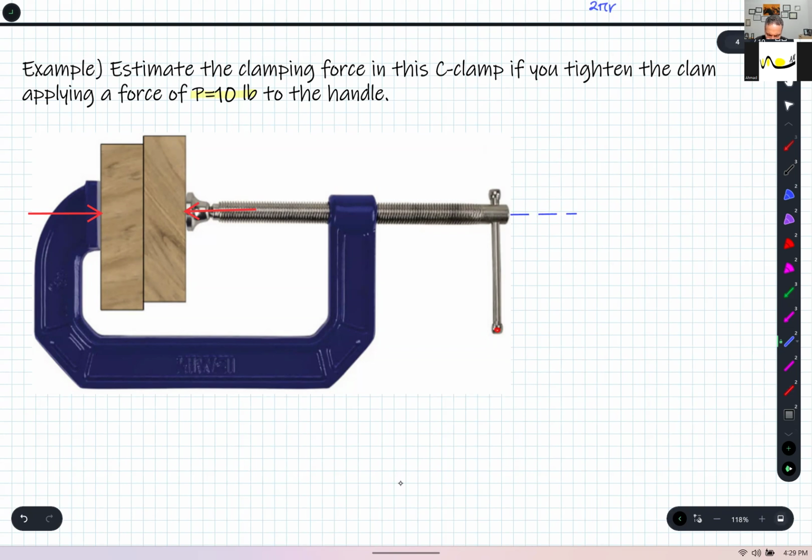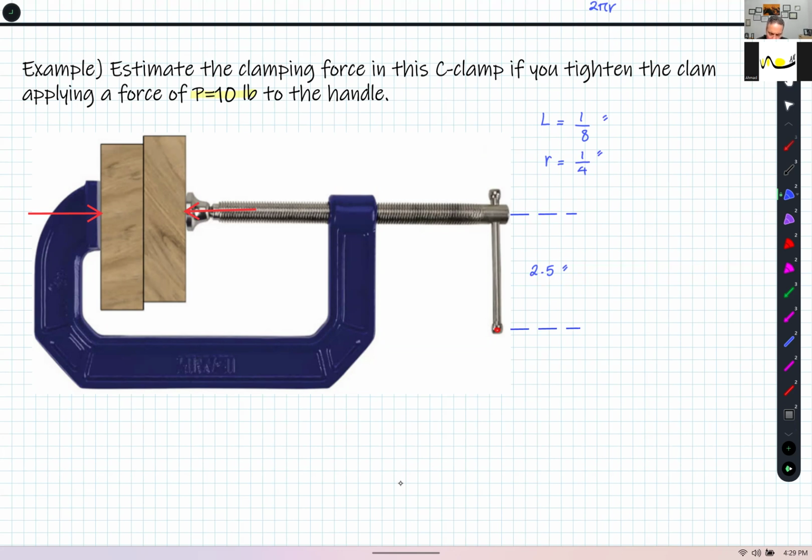And let's say the length of the handle here is 2.5 inches. The lead, we referred to the product, and the lead is 1/8 of an inch. Radius is 1/4 of an inch.